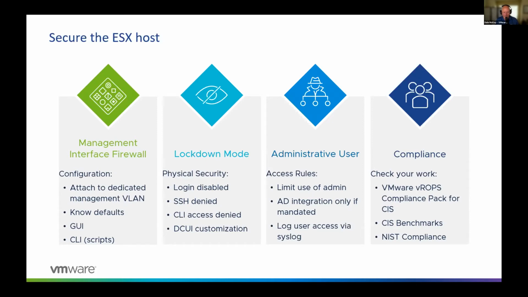And probably the step up from that would be to implement NIST compliance, which would be more detailed, but there is also guidance on how to implement that NIST compliance from VMware. So any questions about the ESX host at this point?